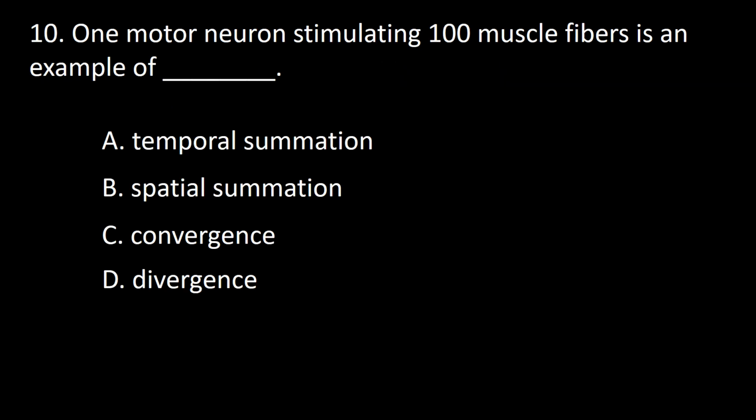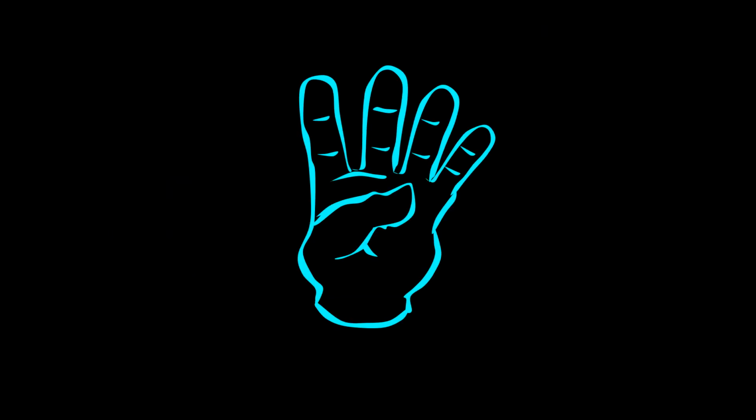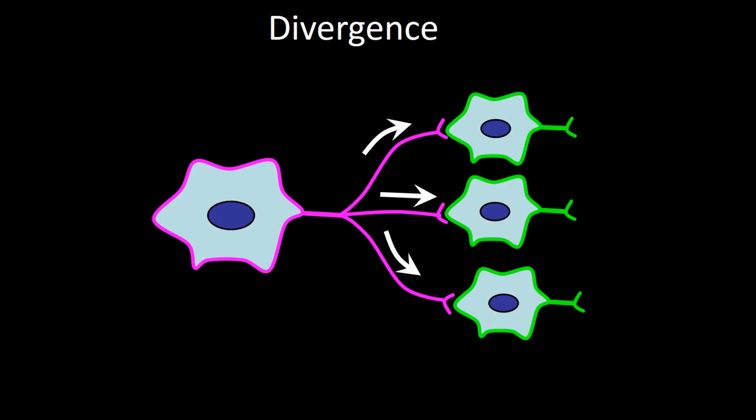Next question. One motor neuron stimulating 100 muscle fibers is an example of: A, temporal summation; B, spatial summation; C, convergence; D, divergence. This question includes 4 important and simple definitions. The first one is divergence.